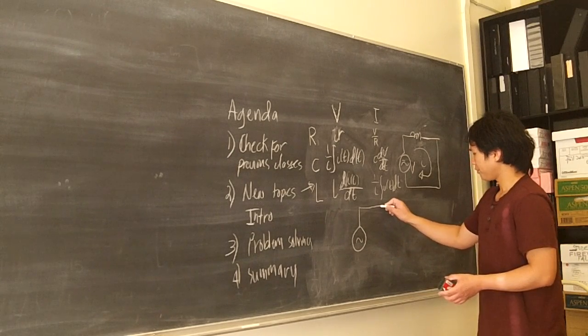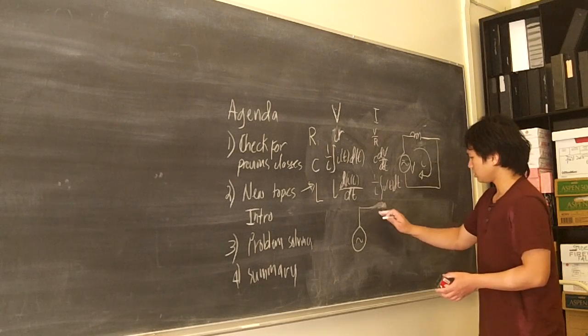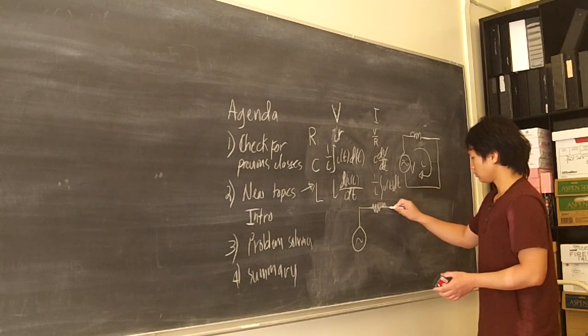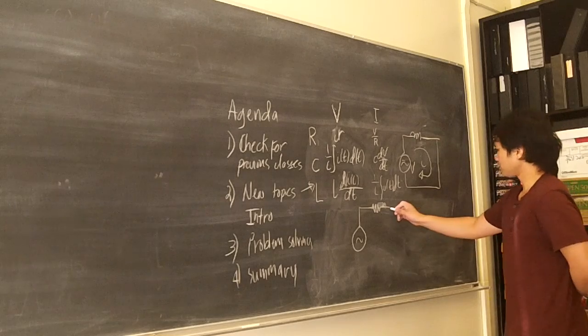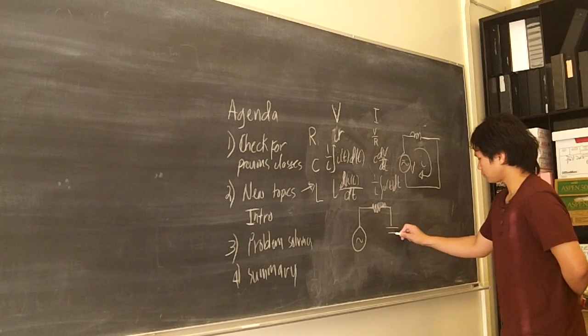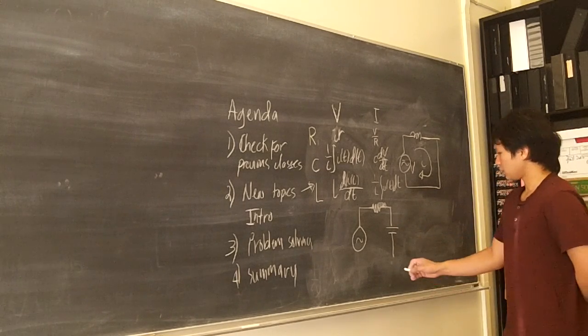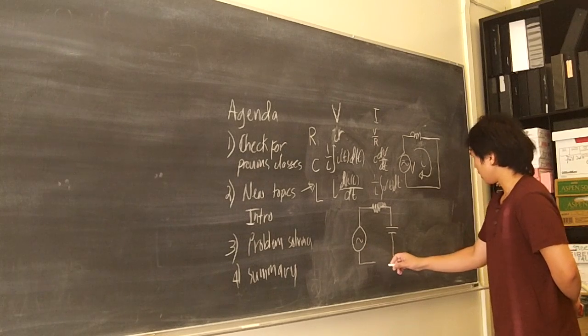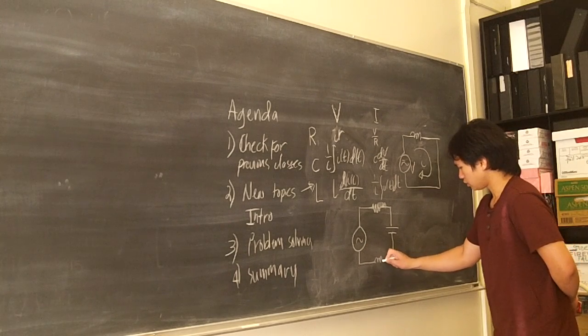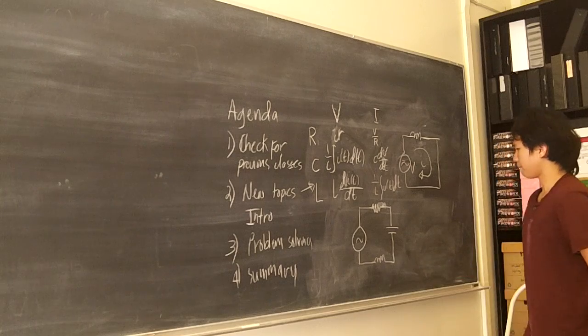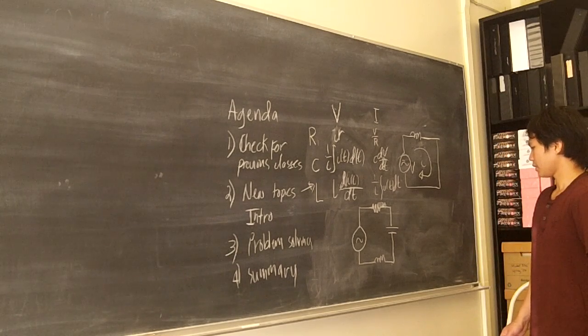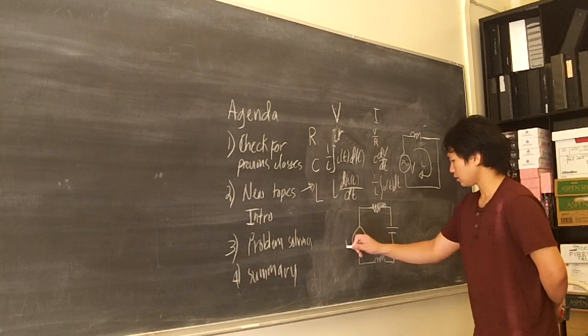For example, you have this. This is your resistor, and then you have a capacitor, and then you have an inductor, right? So write me the equation of this loop.